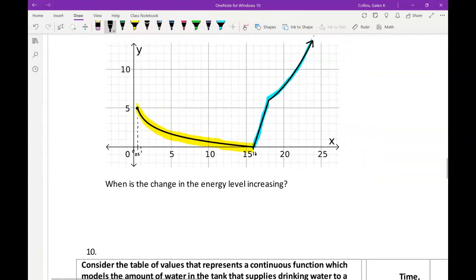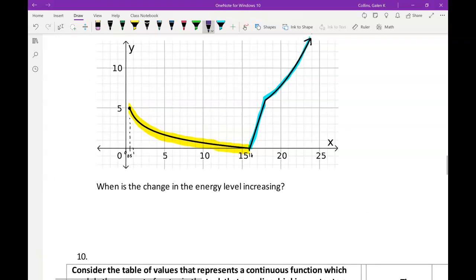So if I talk about intervals of increase, I'm going to say the function is increasing, or you can say increases on the interval. Well, we start where x is 16, and it's going to increase forever after that. So if we put an arrow there, we're assuming that curve pattern continues forever. So the way we represent this in interval notation is using the infinity sign.